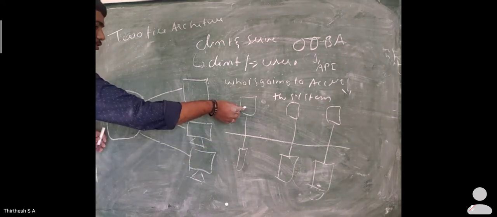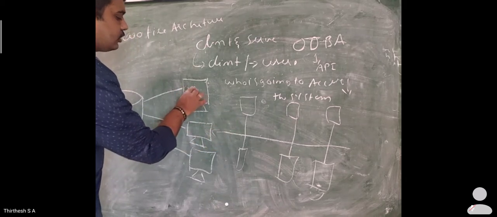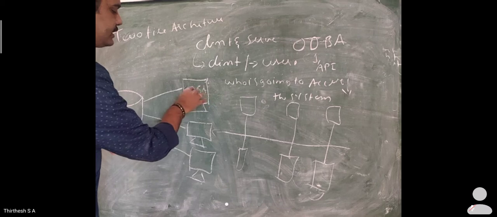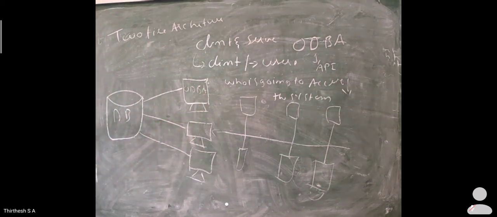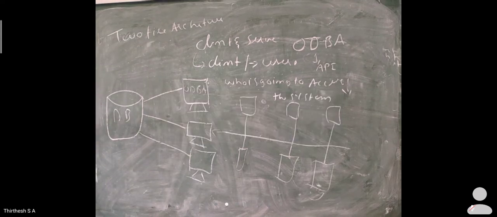The client-side program accesses this server with the help of ODBC. It is a kind of client-server architecture where a server is accessed with the help of a middleman known as ODBC. So this is the level 2 architecture.